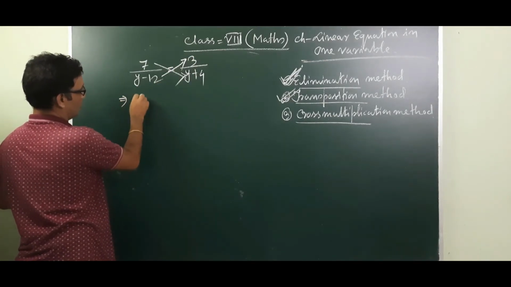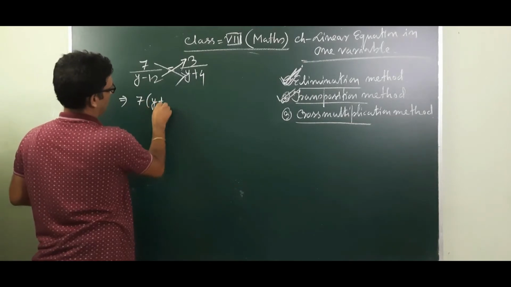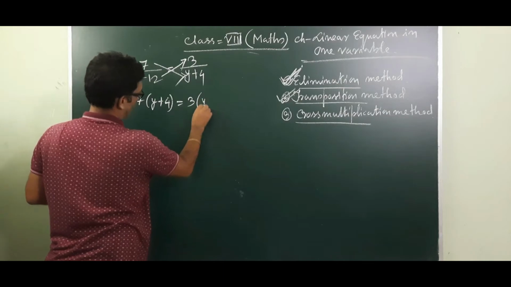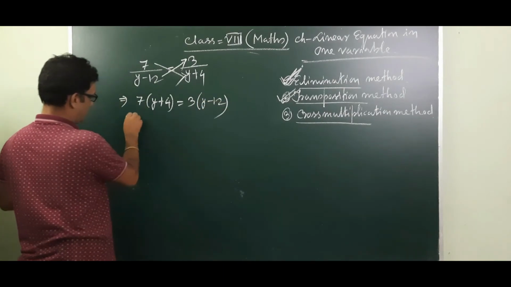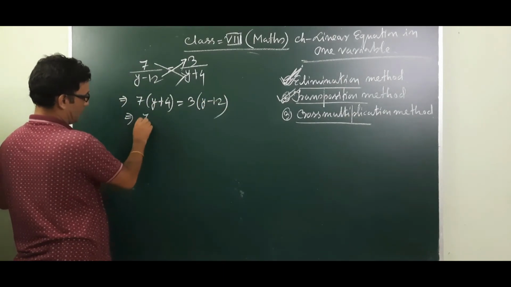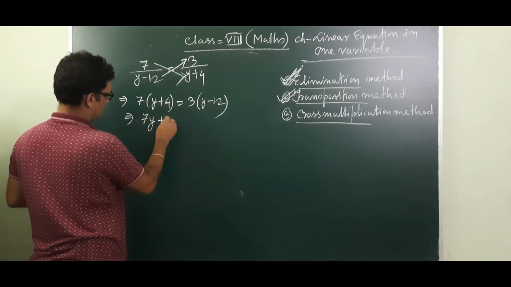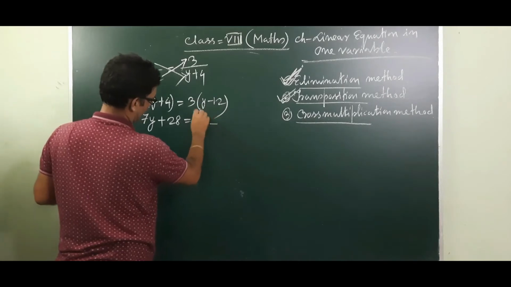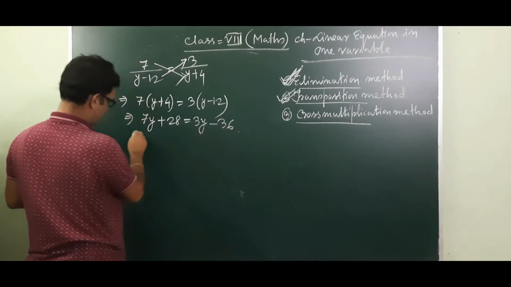So that means we will write 7 into y plus 4 equal to 3 into y minus 12. Then how much will you get? 7y plus 28 equals 3y minus 36.